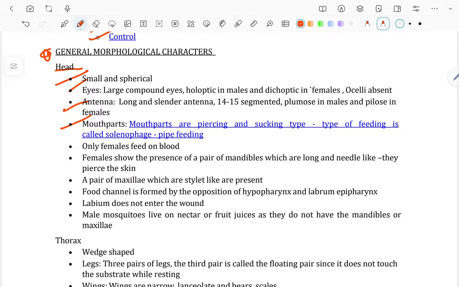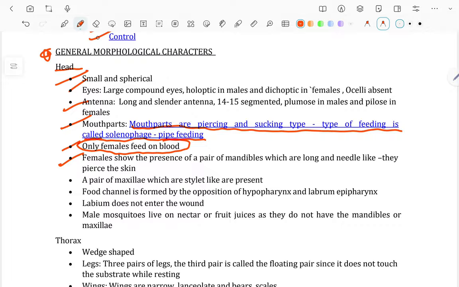The mouth parts are of the piercing and sucking type. The type of feeding is called solenophagy, or pipe feeding. Only females feed on blood.